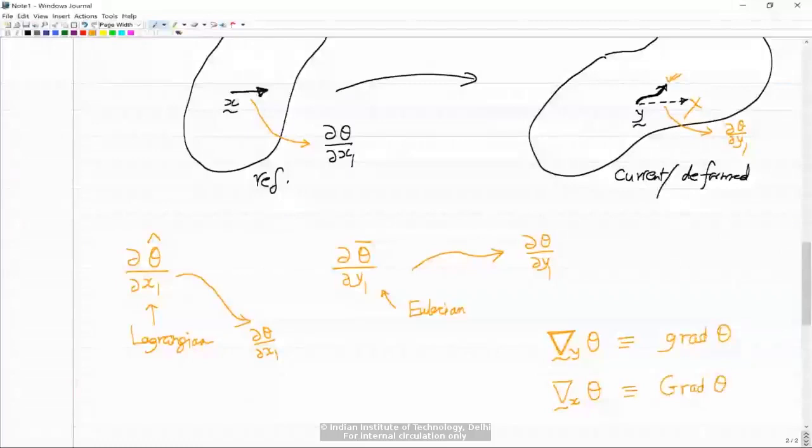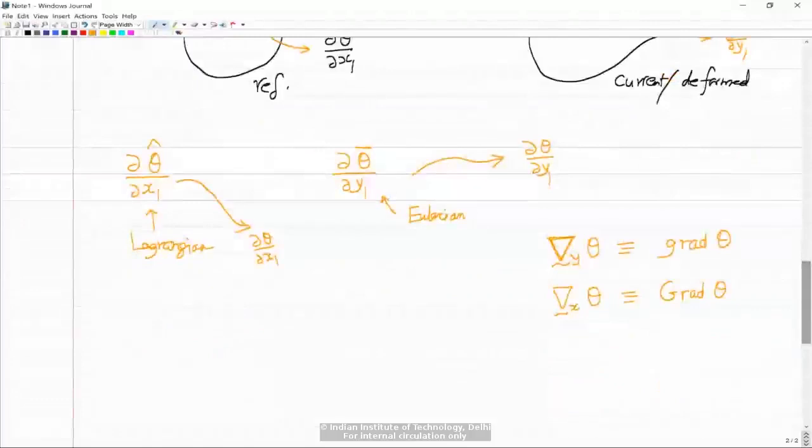So small g means it's the Eulerian, big G means it's the Lagrangian. Okay. So you likewise have divergence, small d or big D. Similarly, you can have curl, small c or big C. So all these are whether the derivatives are being taken with respect to Lagrangian or Eulerian coordinates. Okay. So I hope that so far it is clear.